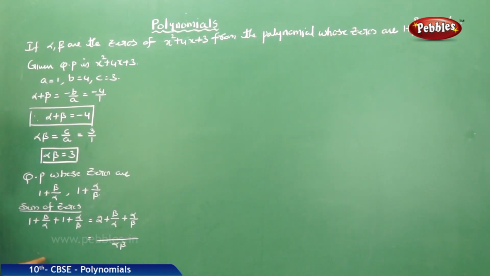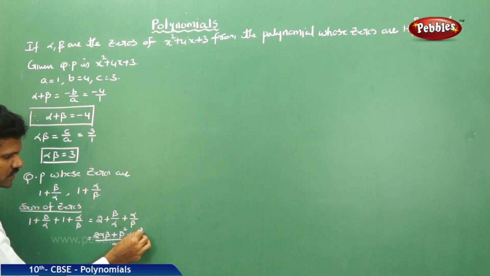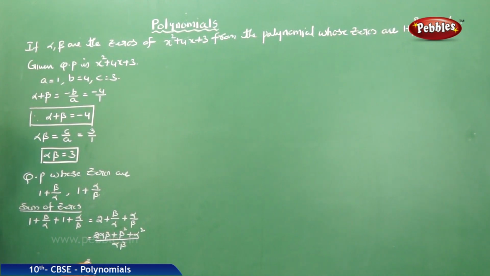Next, see, first 2 into alpha beta is 2 alpha beta, plus alpha cancels, beta square, beta into beta, alpha into alpha is alpha square. Therefore, writing in order: alpha square plus beta square plus 2 alpha beta by alpha beta.